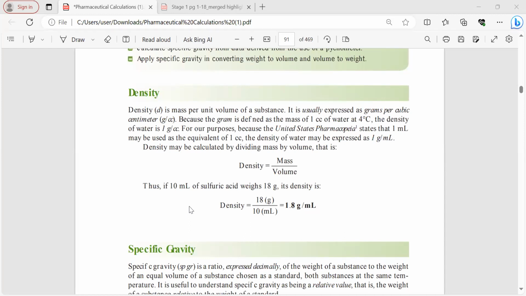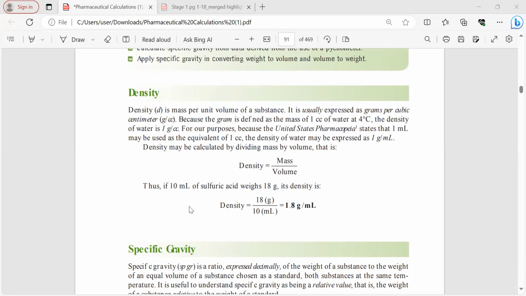Then for specific gravity it's a ratio. It's a ratio expressed decimally of the weight of a substance, the weight of equal volume of a substance chosen as the standard. So the standard is most of the time water, because we said water, the specific gravity of water is 1.